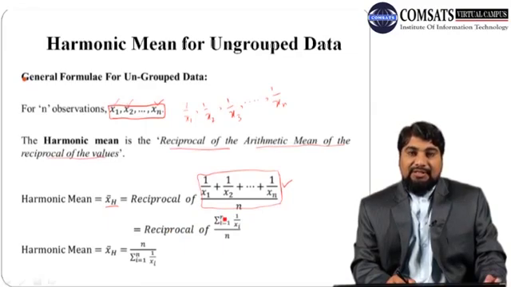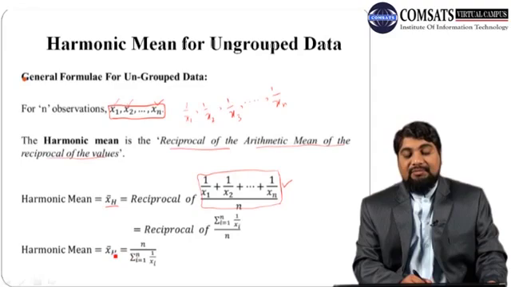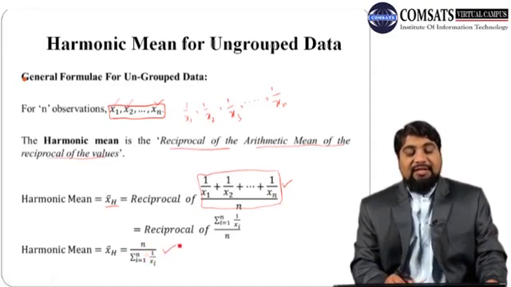Reciprocal means just replace numerator with denominator. So the harmonic mean x bar h will be n divided by the summation of 1 over xi, where i ranges from 1 to n. This is the formula of harmonic mean for ungrouped data.